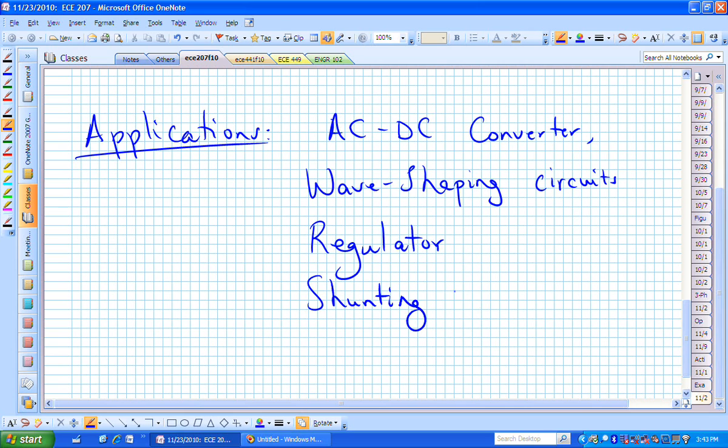Diodes can also be used to help prevent some big currents that can exist, or give a path for current to flow when you stop the current from flowing in inductive loads.